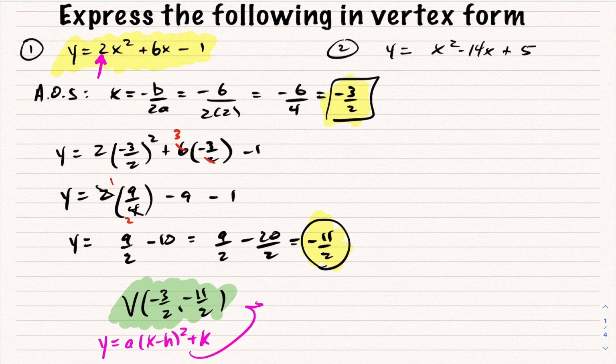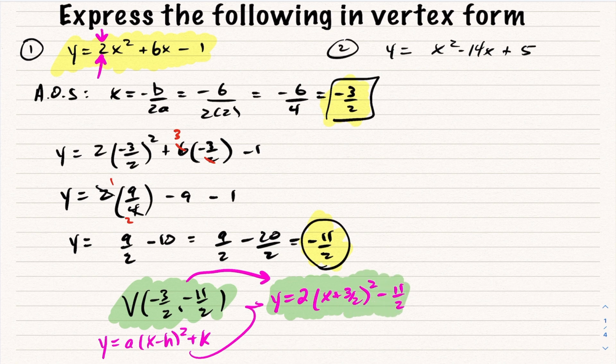For our quadratic, it's going to be y equals 2, because that's my a value from my original standard form. And then I just need to insert the vertex into here. So this will be x plus 3 over 2 squared minus 11 over 2. And therefore we have our quadratic in vertex form.